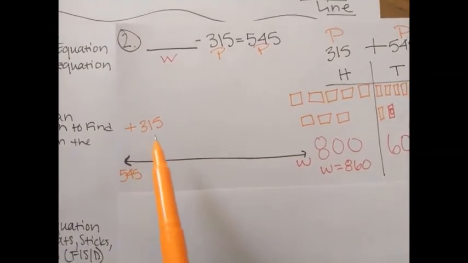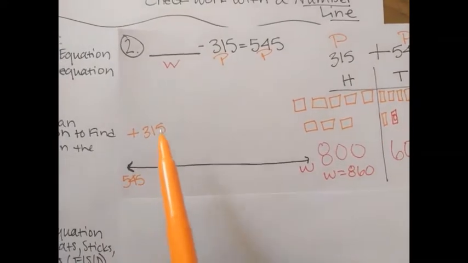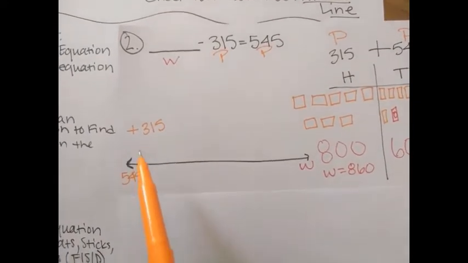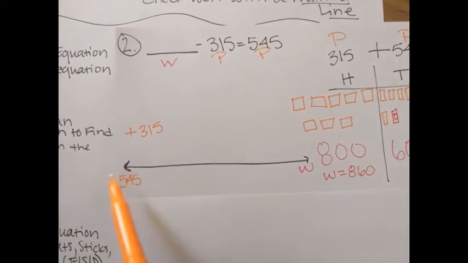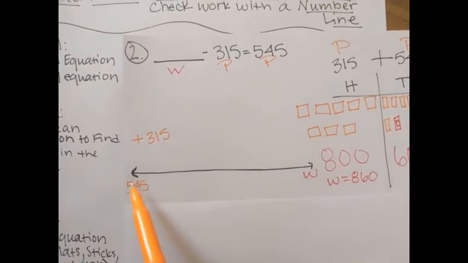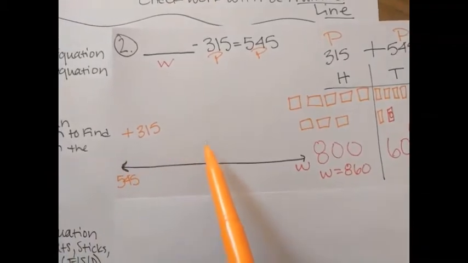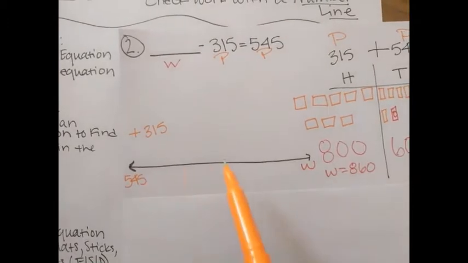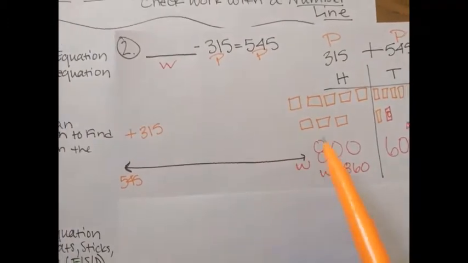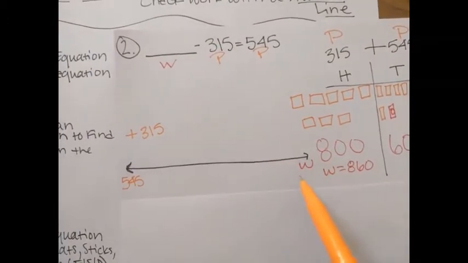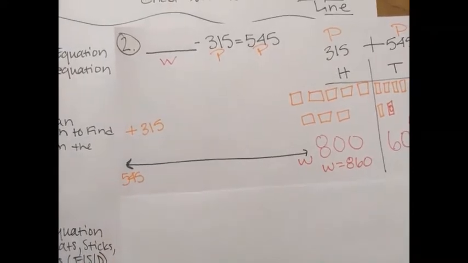But when we are doing addition and we have 2 known parts, then we are going to start from our larger known part and we're going to hop using hundreds, tens, and ones all the way to our whole number. So let's get started.